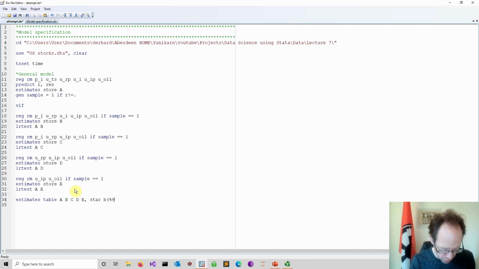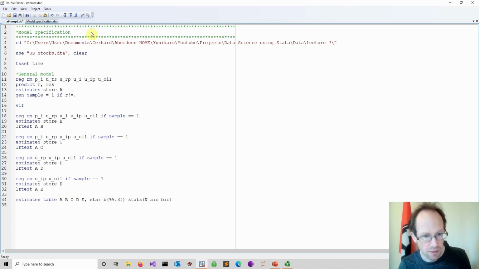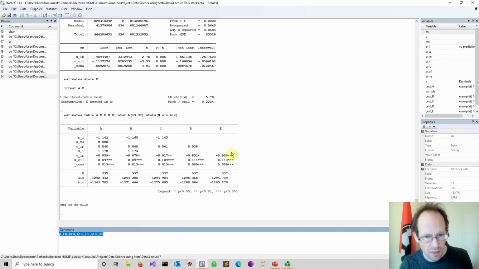I think that usually looks quite nice with 3 decimals, and we throw in our statistics. I just want to check the information criteria as we discussed before, AIC, BIC. I'm just now running the whole file one more time. And we end up with this specification table.